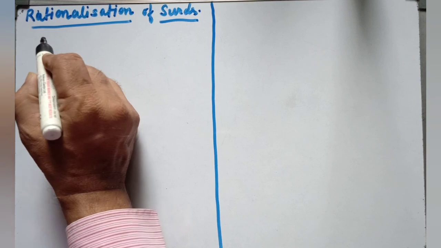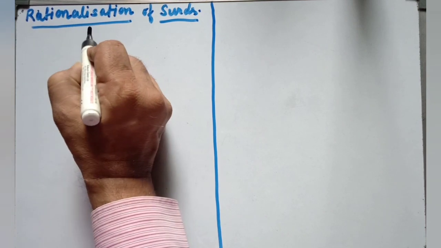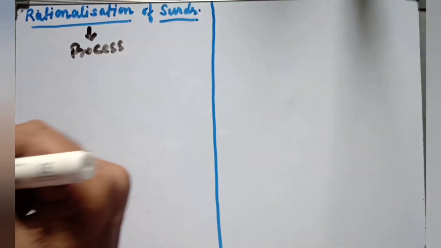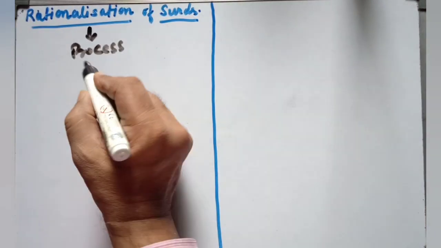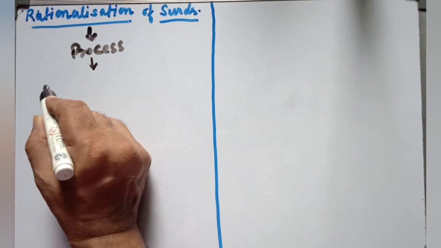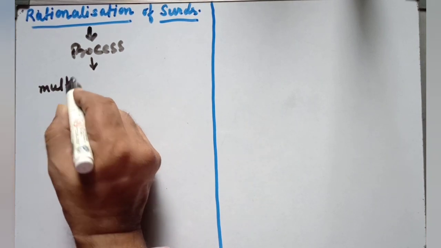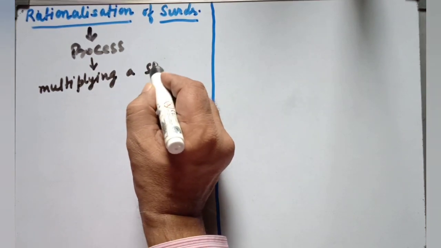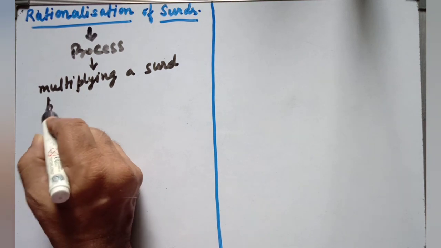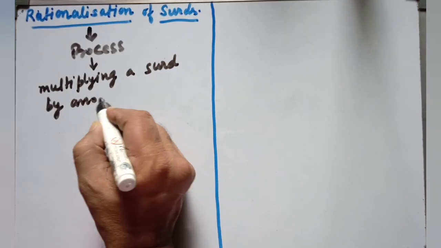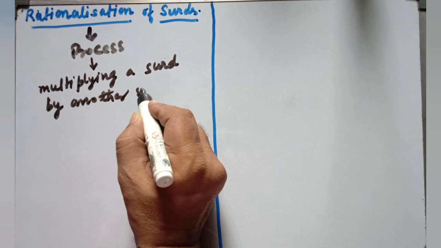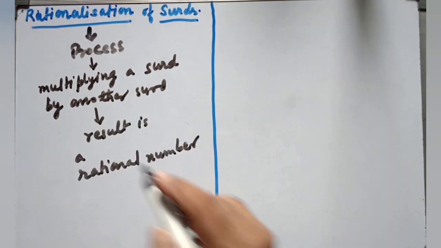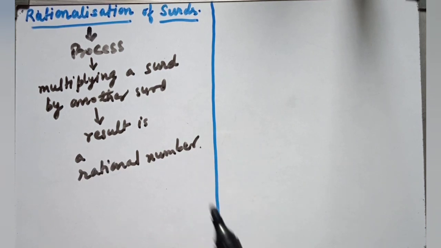So what actually we do? This is the process of multiplying a surd by another surd so that the result is a rational number.